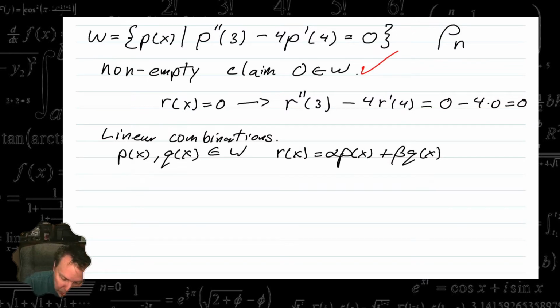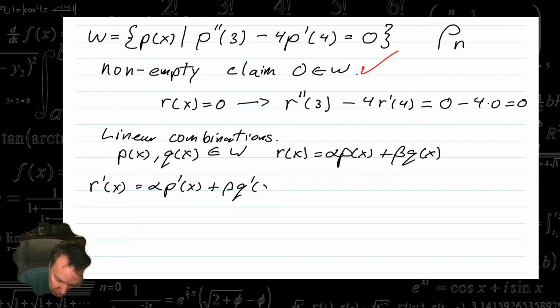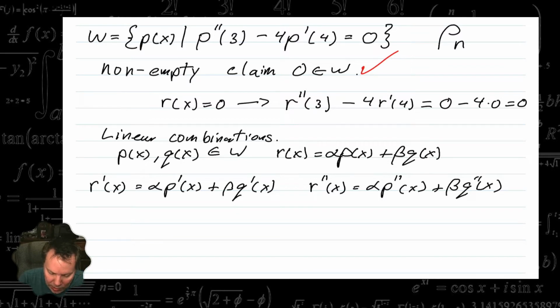So in order to do that, let me take a derivative. Now, alpha is a constant, so it's going to come along for the ride. Beta is a constant, so that's going to come along too. And if I take a second derivative, it's going to be the same process here. Now, what do I need to do? I need to look at r double prime of 3, and then r prime of 4.